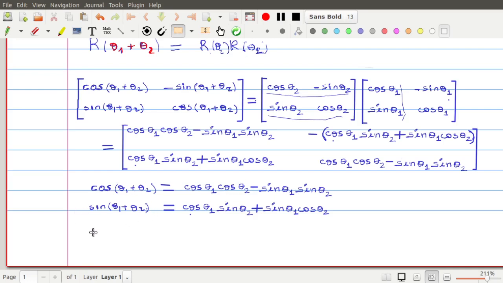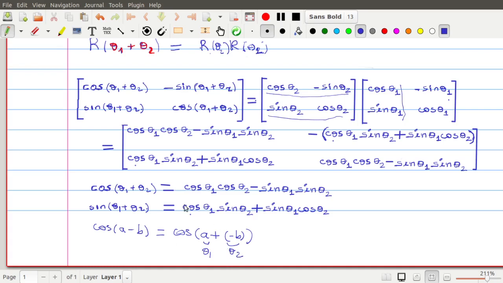So how do we do that? If you want to compute the cosine of, let's say, A minus B, we can write that as cosine of A plus negative B. Now this will be our theta 1 and this will be our theta 2.